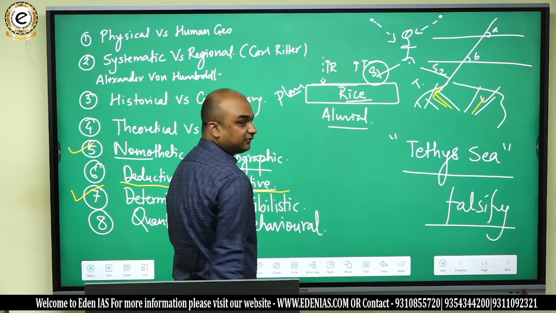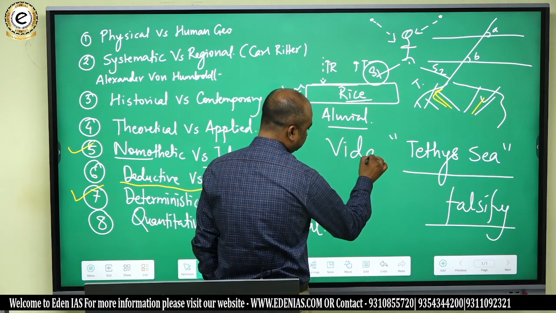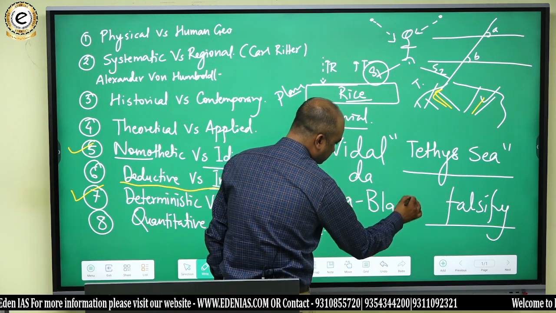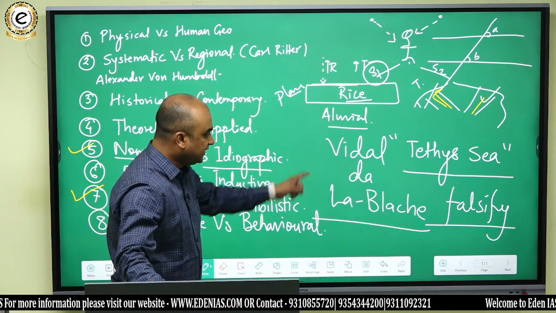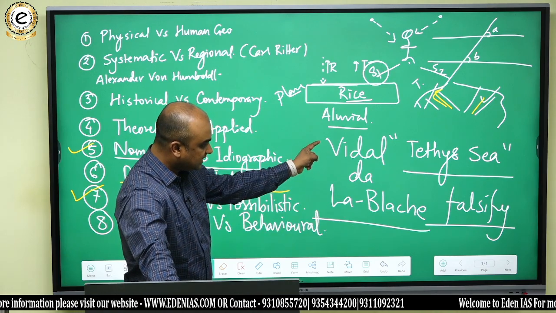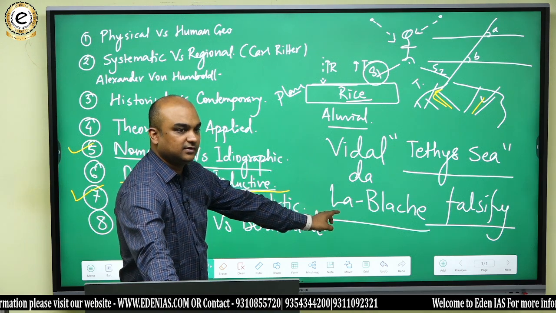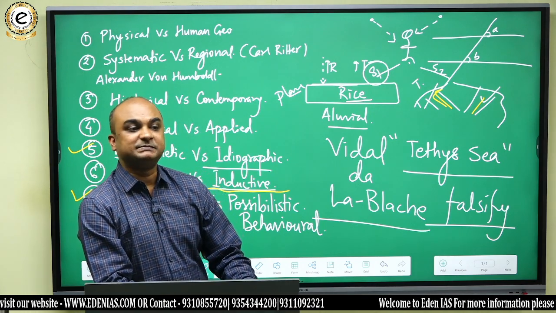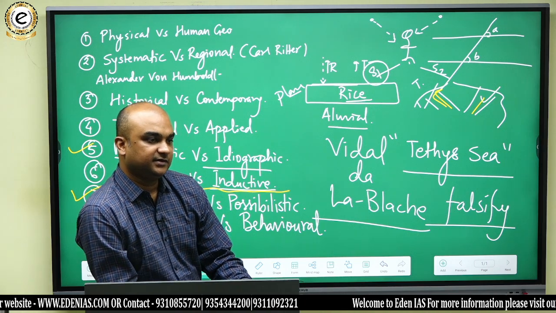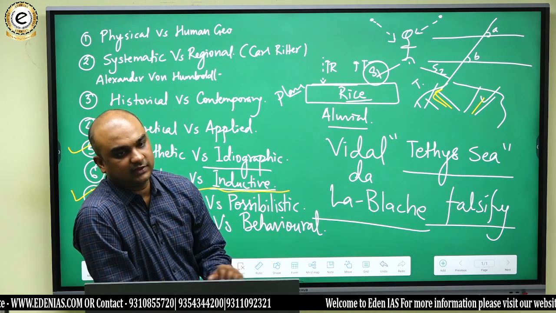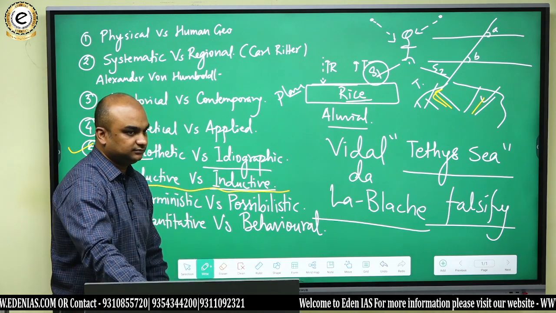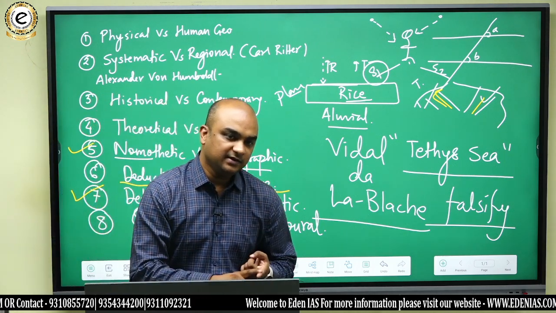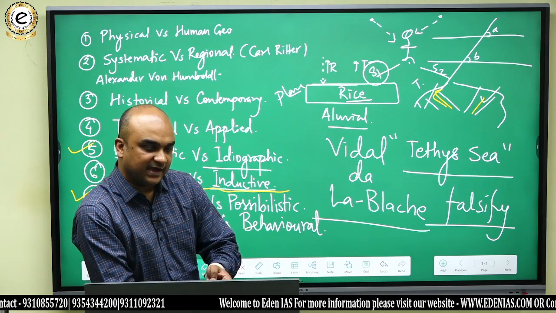The French geographer Vidal de Lablache is a possibilistic scholar. कहीं पे मार्जिन में लिख लो, man is slave and nature is master.